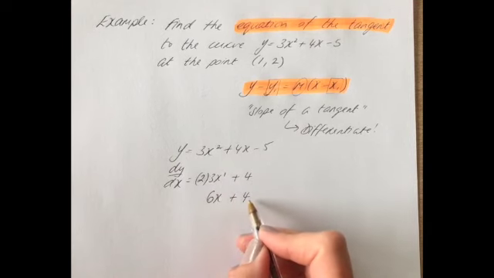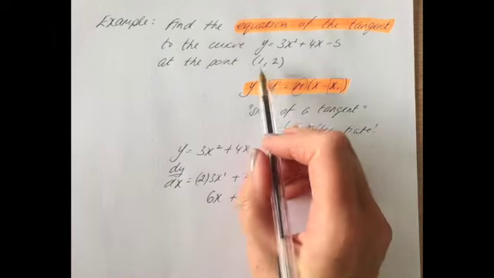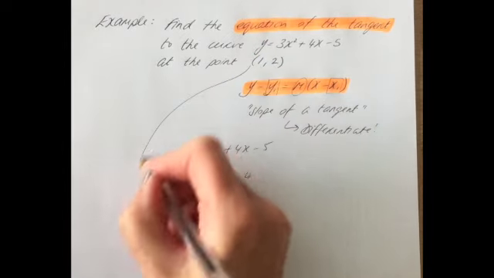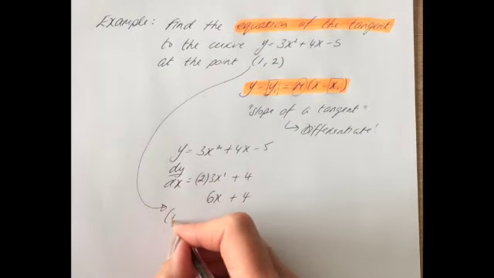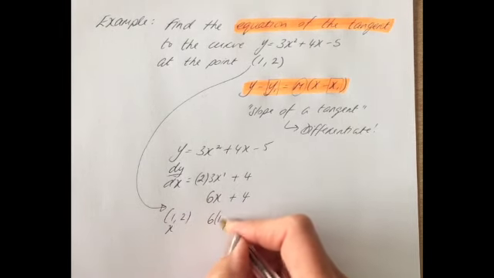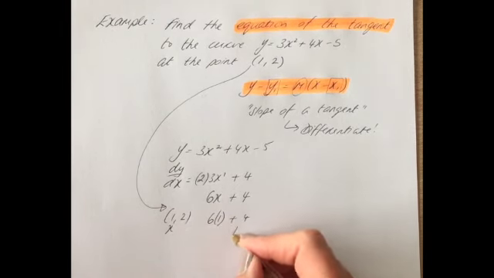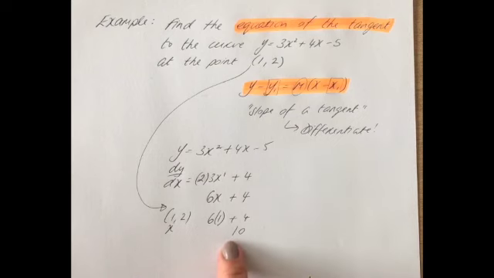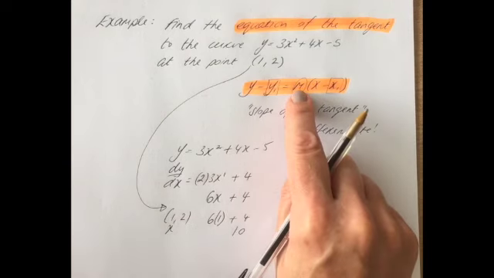That, of course, is the form of the slope of every tangent to the curve. To get the exact slope at that point, we have to, of course, sub in that point. So (1, 2), it's the x we need to sub in. So subbing in 1 for the x, we get, of course, 10. So 10 is the slope. So now we have the slope.